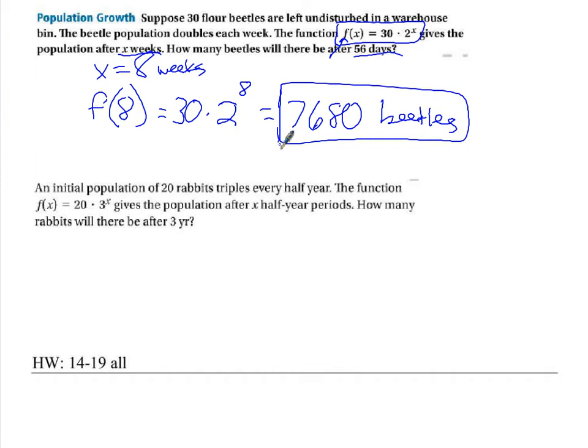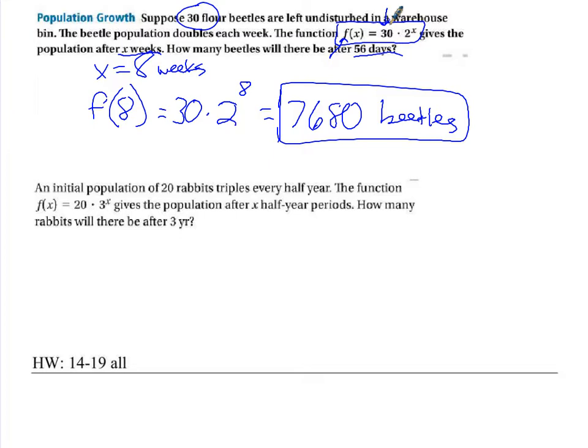By the way, just as an aside, how many beetles did I start with? How do you know it's 30? Because it says 30. Well, where did that 30 show up in my equation? Right there. How come that is a 30? If I start with 30, how many weeks have gone by?